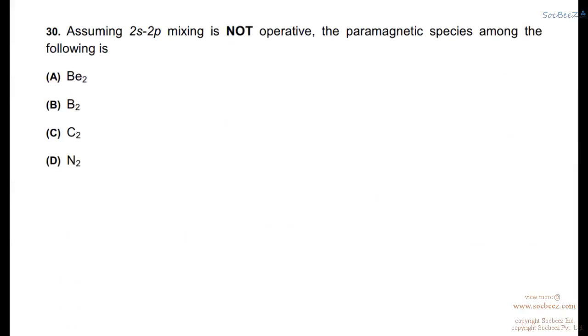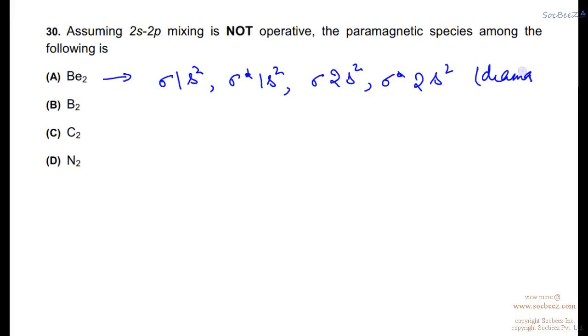Assuming 2s2p mixing is not operative, the paramagnetic species among the following is, well, Be2, B2, C2 and N2. So let's write the molecular orbital diagram here. So here Be2 has the arrangement like this: sigma 1s2, sigma star 1s2, sigma 2s2 and sigma star 2s2. This is diamagnetic, since no unpaired electrons are involved.